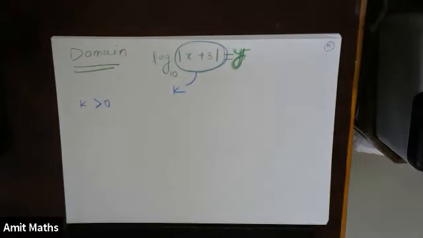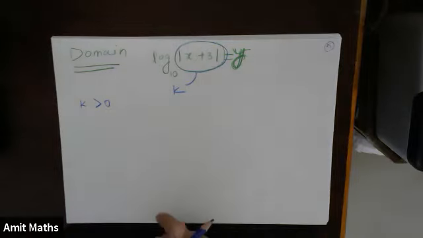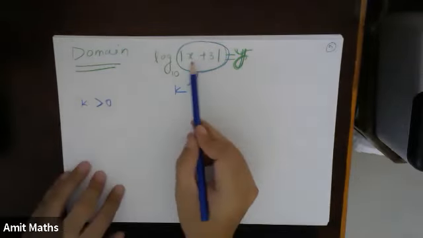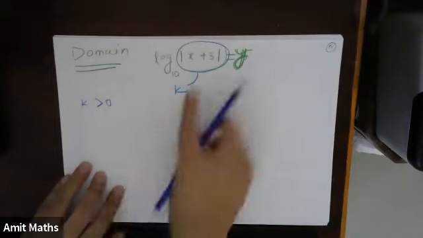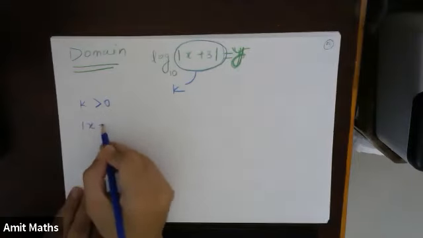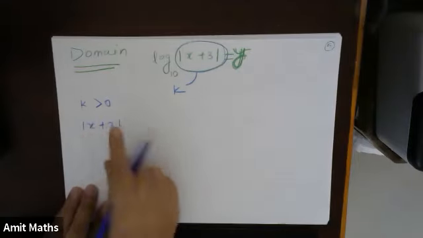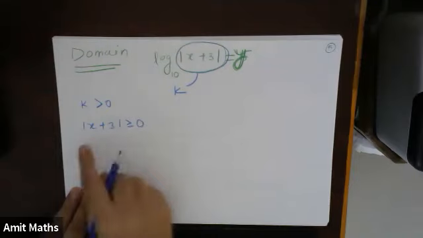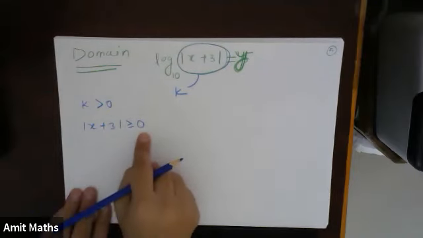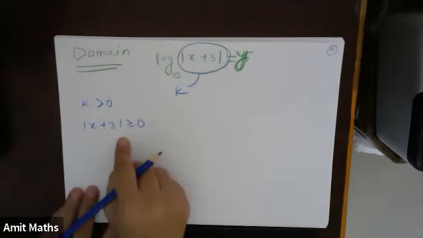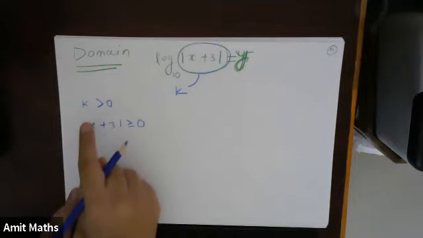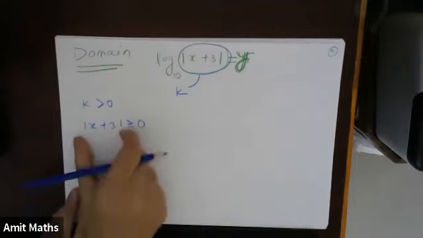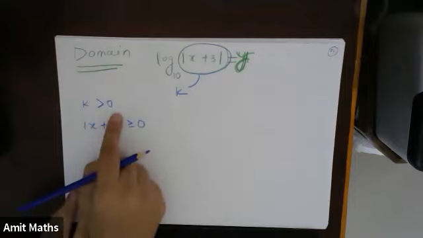And the property of the mod function is that mod of x plus 3 will always be greater than or equal to 0, because this is a modulus function. But we need this part k to be only greater than 0.